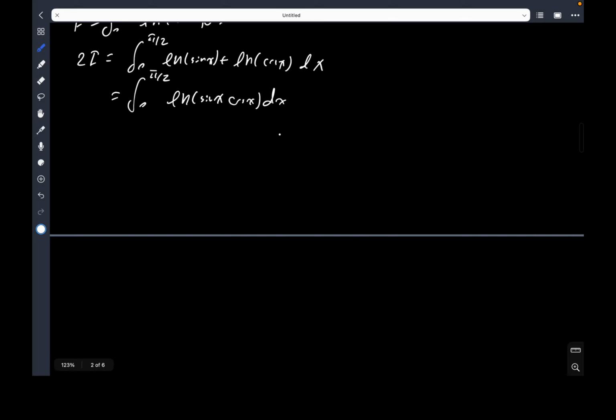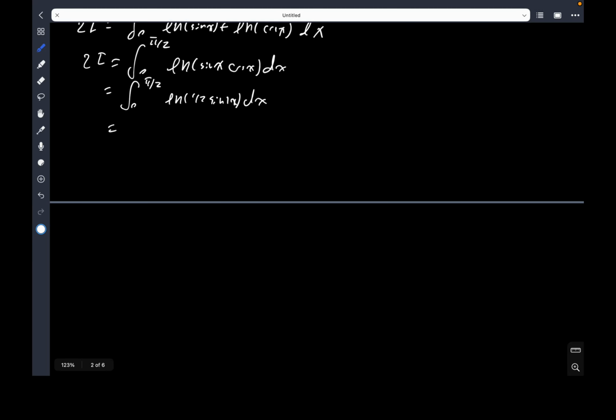And if I use the trig identities here, it's going to be 0 to pi over 2 of ln of half sine 2x. I can use the logarithm property here again, 0 to pi over 2 of ln of half plus ln of sine 2x dx.